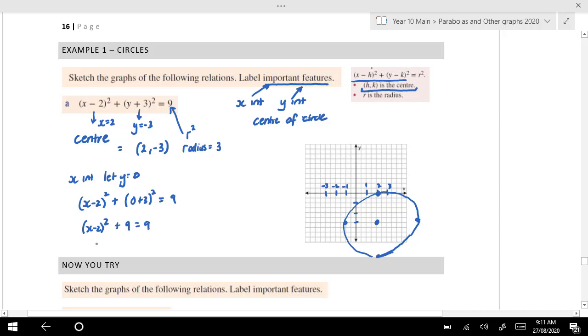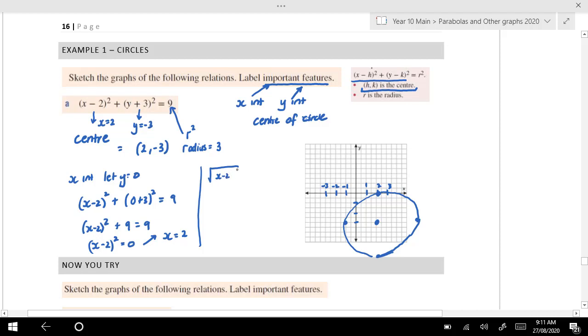Subtract the 9 from both sides. We've got x minus 2 squared is equal to 0. Well, what would x have to be for this to be 0? x would have to equal 2, wouldn't it? The long way of doing it would be to take the square root of both sides.